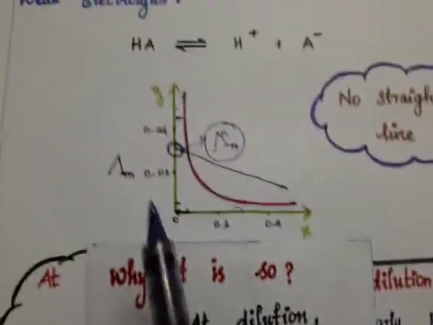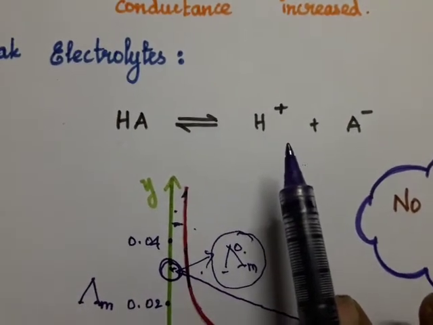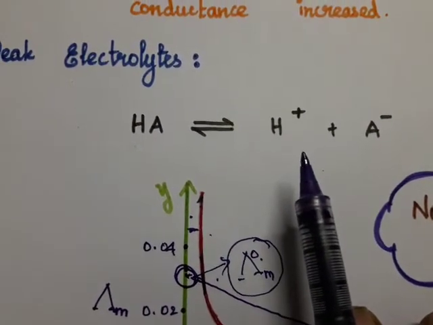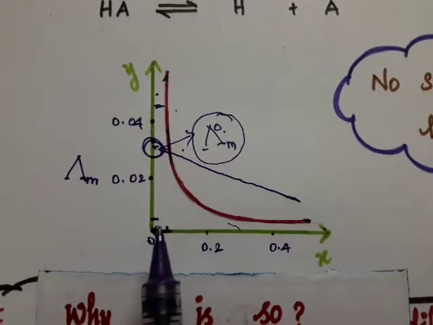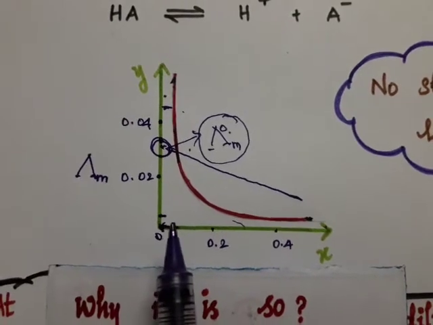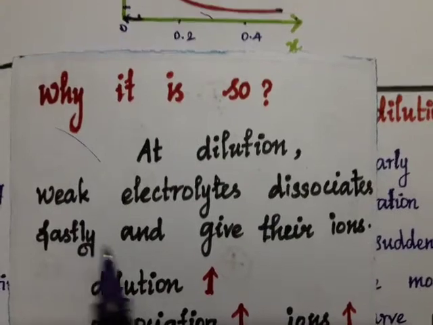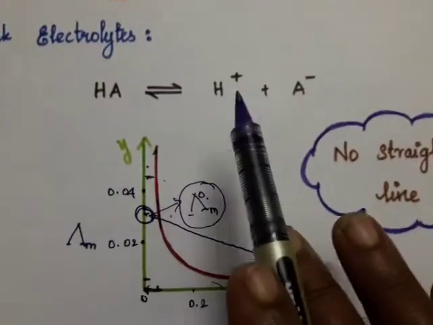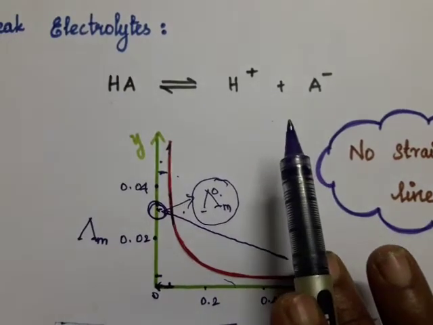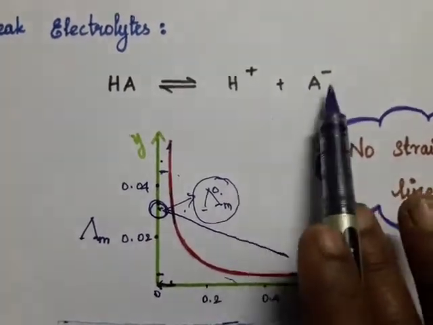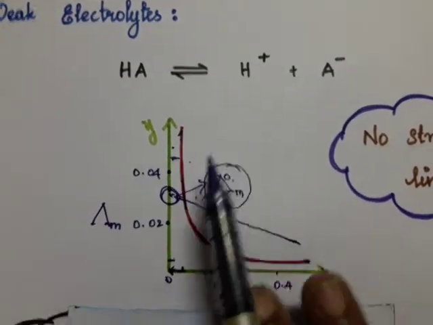As we have seen, weak electrolytes cannot be ionized easily, they are only partially dissociated, but at infinite dilution it dissociates fast and gives its ions fast. So if more H plus and A minus are formed, these ions move freely, and they give conductance.